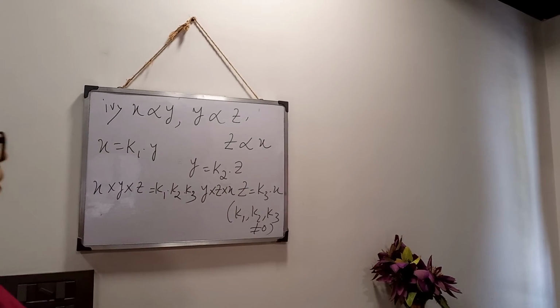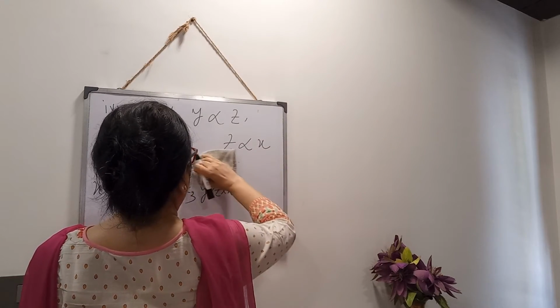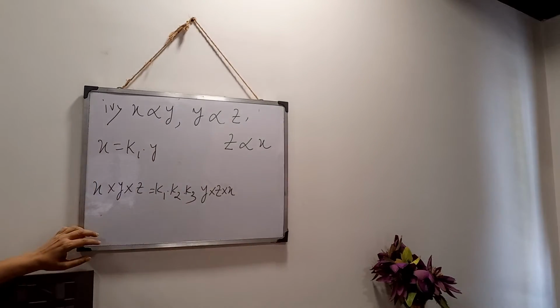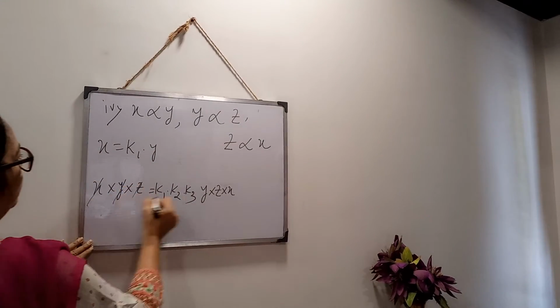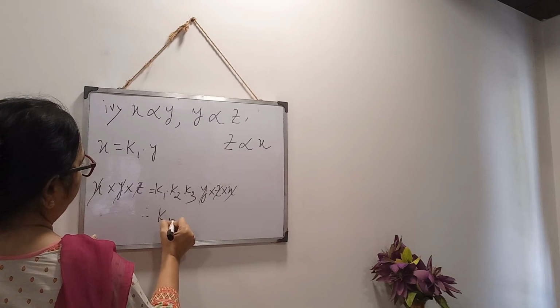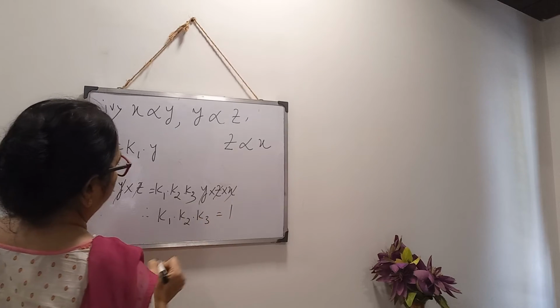After multiplication, cancel XYZ from both sides. Therefore, K1 into K2 into K3 equals 1.